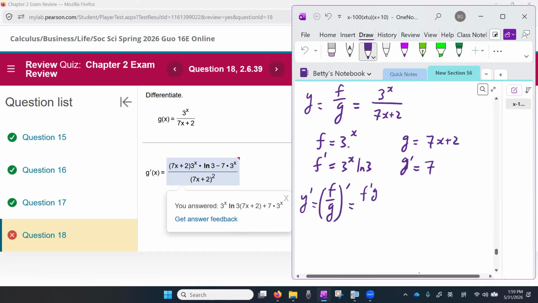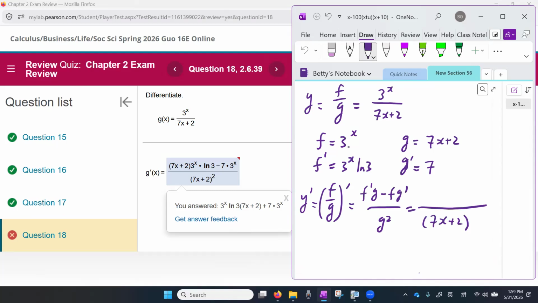So f prime g minus f g prime over g squared. So g squared is (7x plus 2) to the power of 2. f prime, 3 to the x ln 3 times g, 7x plus 2, minus f, 3 to the power of x, times g prime, which is 7. So we should have this and then enter it to the cell.